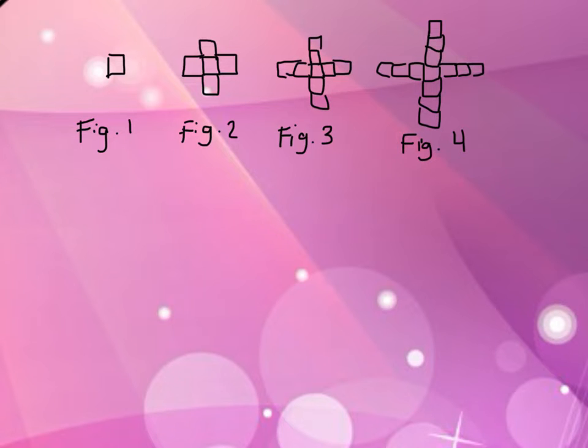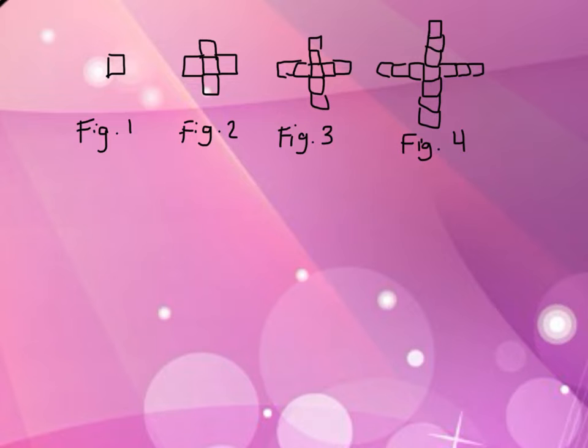So you can see in this example here, we've got four figures that I've drawn with a bunch of squares, and that it keeps getting bigger and bigger. So by the end of this example, the idea is that we're going to be able to quickly figure out, for example, in figure 100, how many squares are going to be used to make up that figure.